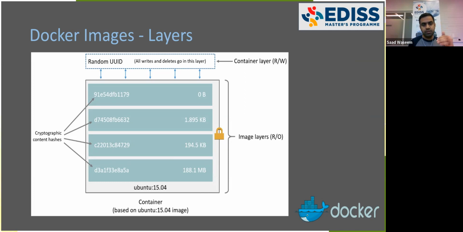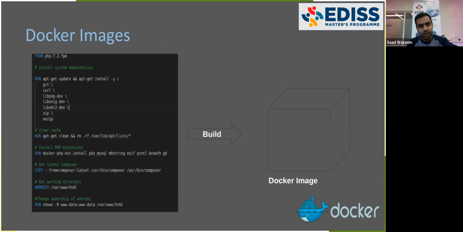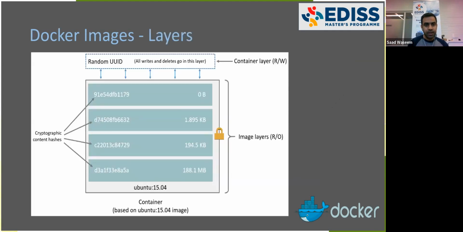Whenever you take a base image, for example, we are using PHP FPM in this slide, you can see that we are taking PHP 7.2 as our base image. And on top of that, we are adding more utilities that will work with PHP.